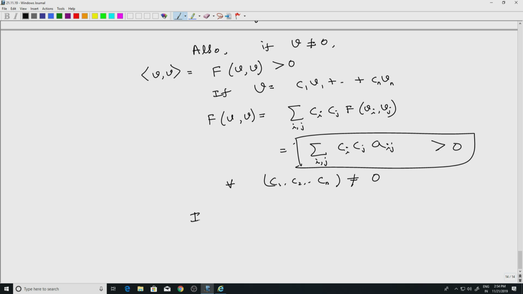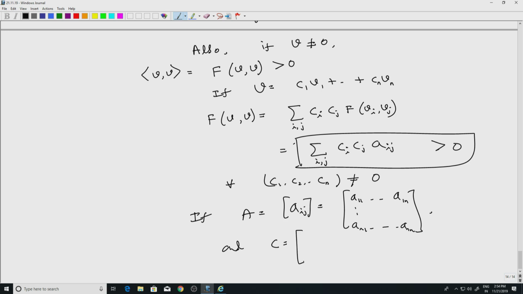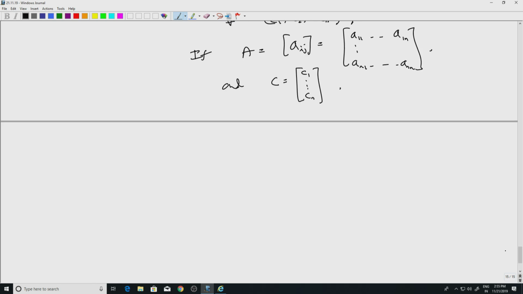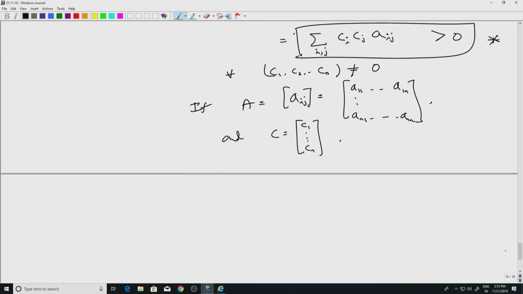If A is the matrix given by the coefficients aij, in other words a11, ..., a1n, an1, ..., ann, and if we write c as a column vector instead of an n-tuple, c1 to cn, then this inequality star just tells us to look at A times this column vector c, then multiply by c transpose.